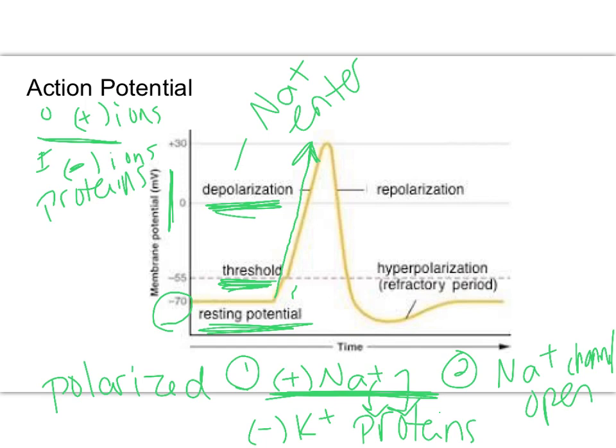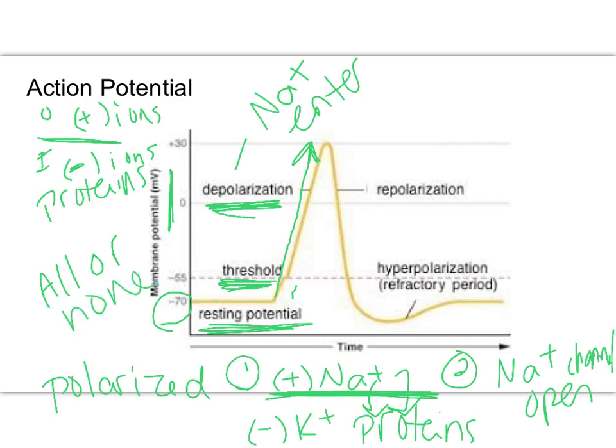Threshold is the amount of depolarization that needs to happen to cause an action potential, to make that neuron conduct a message. Okay? If enough sodium has entered to change the voltage where it reaches threshold, then an action potential will occur. And just like muscles, neurons have an all or none situation.